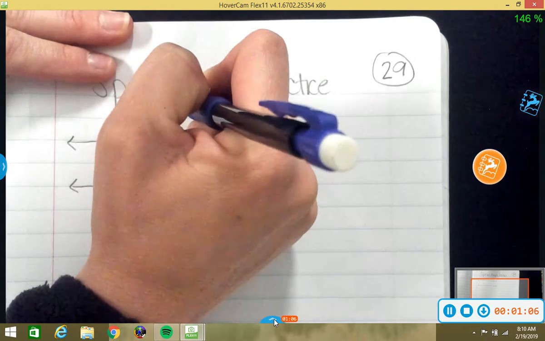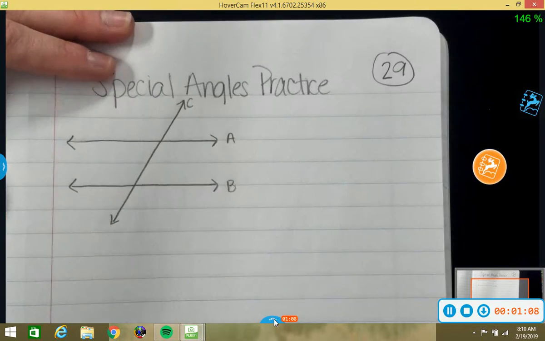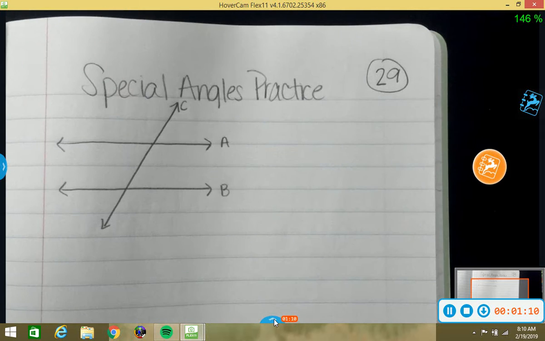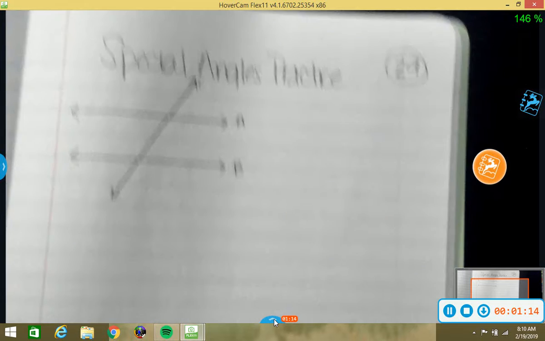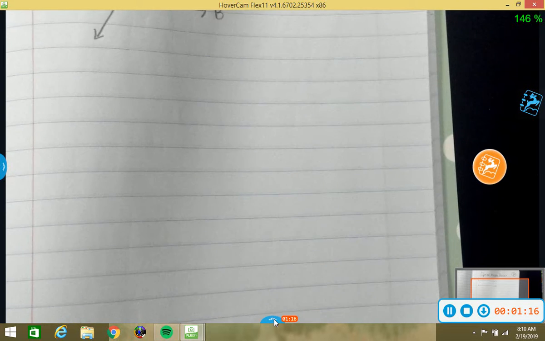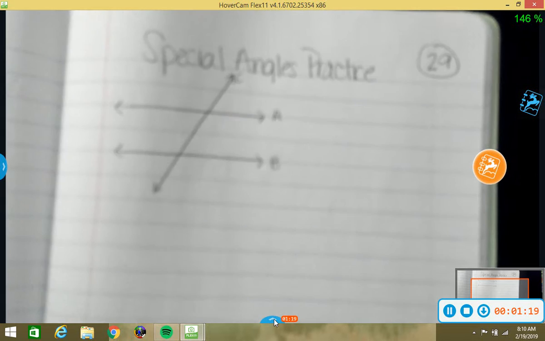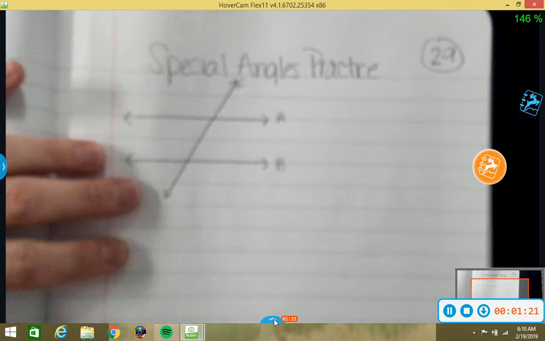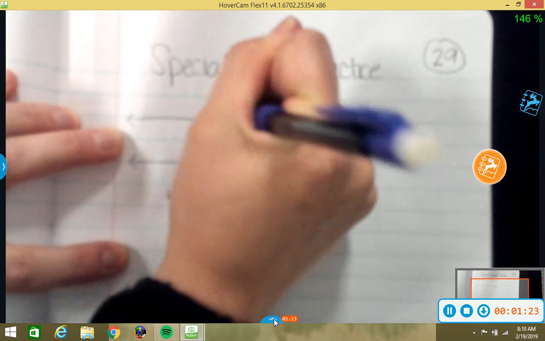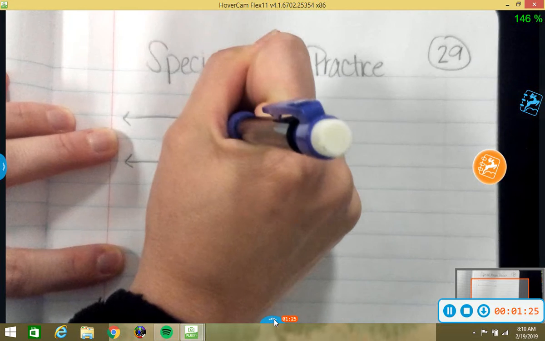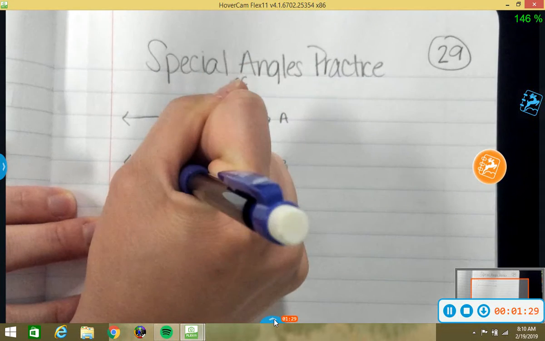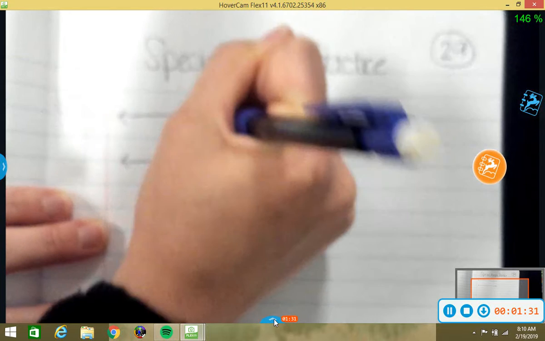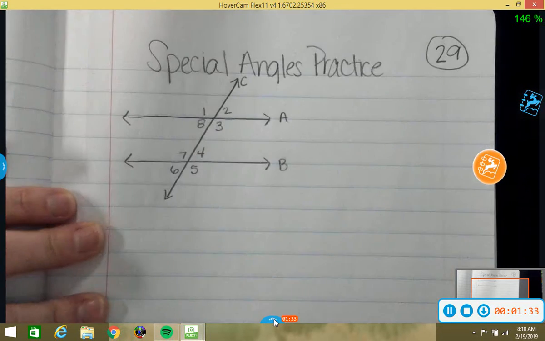We're going to call that C. I'm going to label these angles 1, 2, 3, 4, 5, 6, 7, and 8.